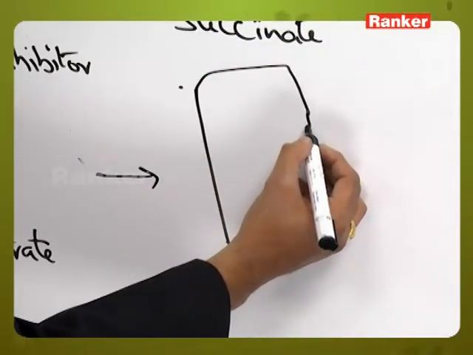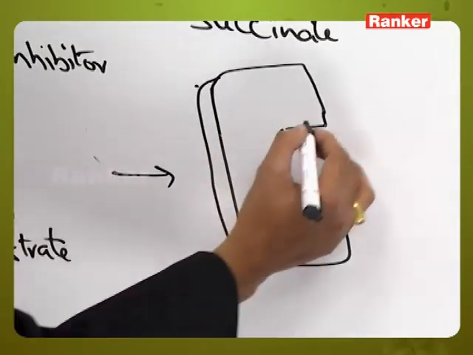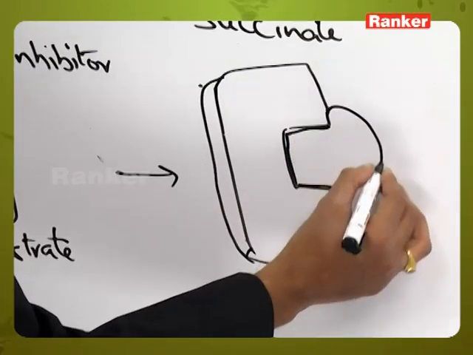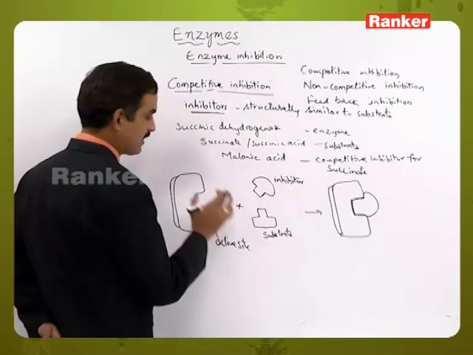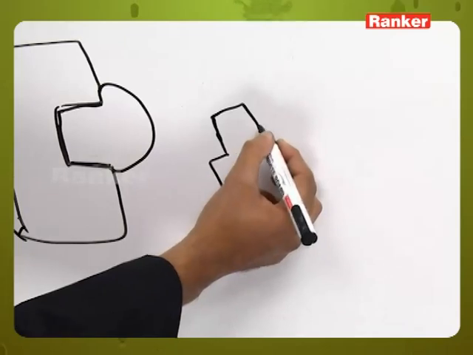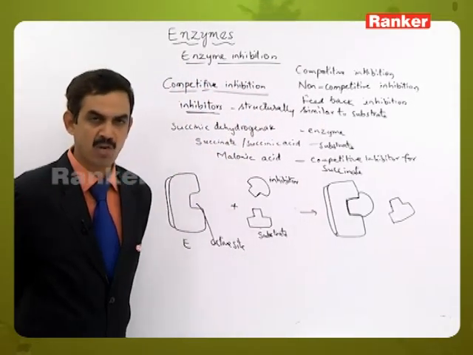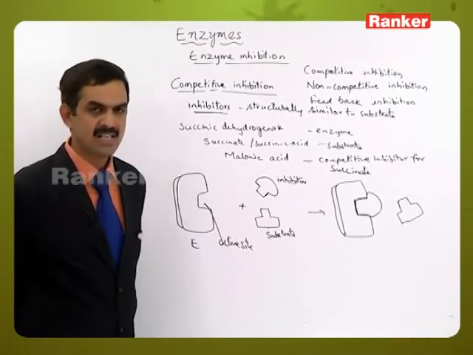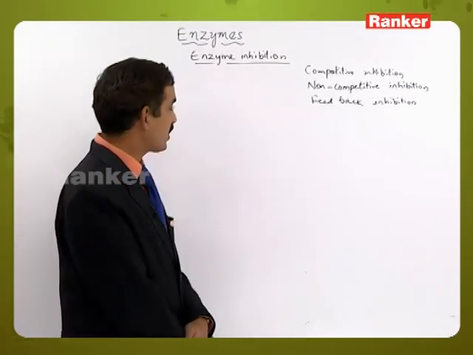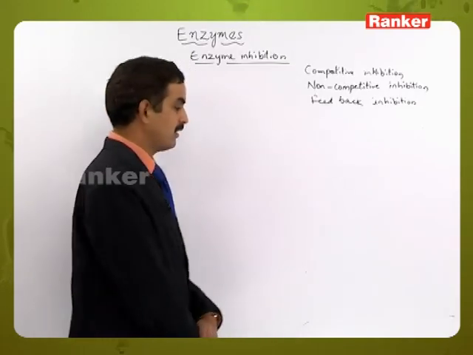Once this inhibitor occupies the active site on the enzyme molecule, the substrate will remain non-reactive. That means it cannot occupy the active site on the enzyme molecule. So this type of inhibitors are called competitive inhibitors. Some of the competitive inhibitors are useful for treating cancer and also some bacterial pathogens.